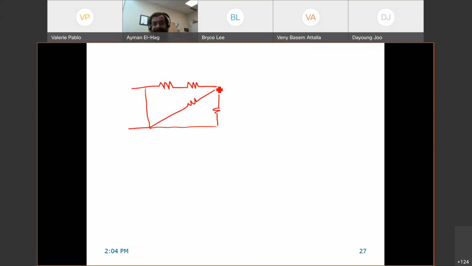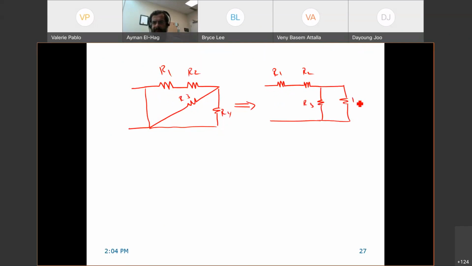Now this circuit, I can call R1, R2, R3, and R4. Now I can have this as R1, R2, and this R3 is nothing but like this, R3 and R4.